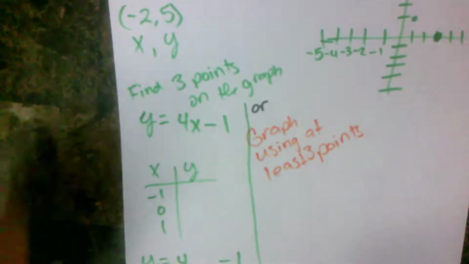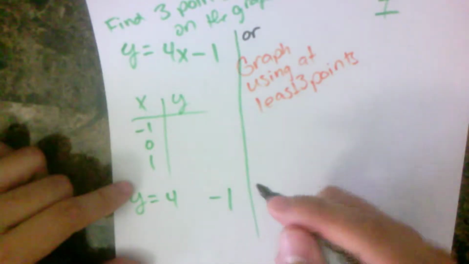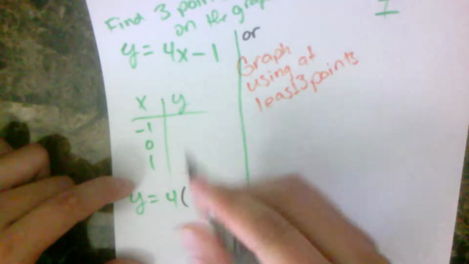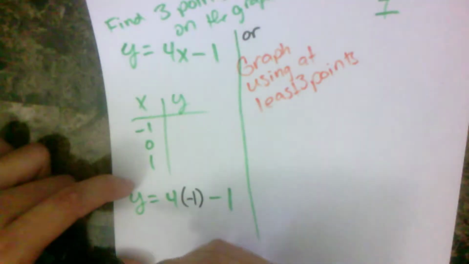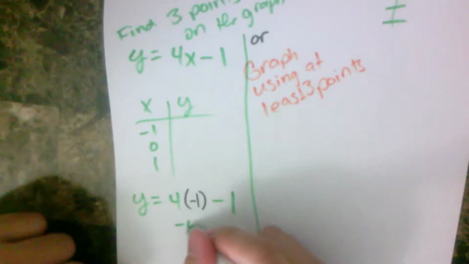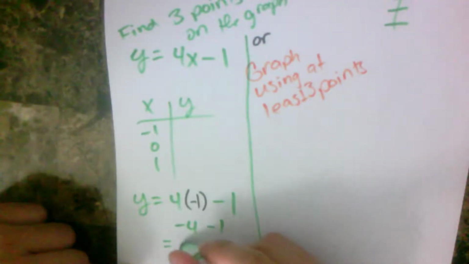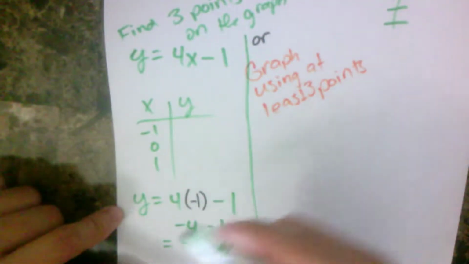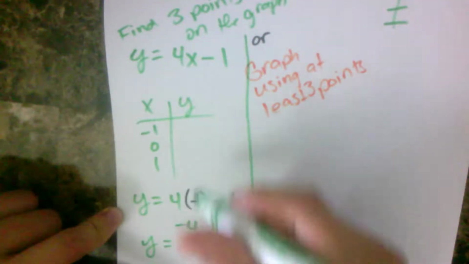Instead of x, you write in parentheses whatever numbers you picked. So start with -1. 4 times -1 is -4, minus 1, which equals -5. So that means that at -1, y is equal to -5. Let's write -5.